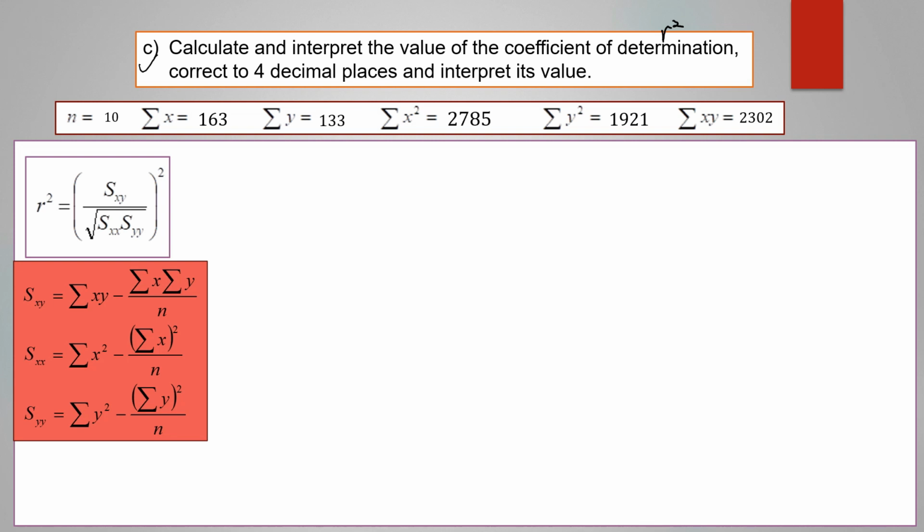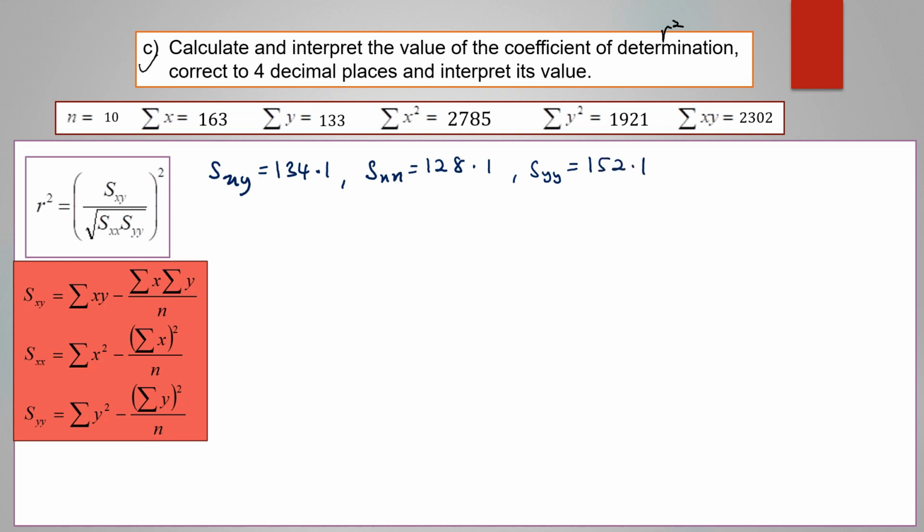So let's put everything into the formula. From the previous question, we already found the value of the respective S. The value for SXY is 134.1, for SXX is 128.1, for SYY is 152.1.